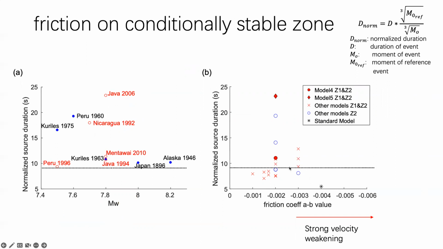And for our simulation, we find that when A minus B stays in this narrow range, minus 0.02 to minus 0.03, we can observe this normalized duration in this range. When it's too small or too high, it cannot generate this kind of tsunami earthquake.